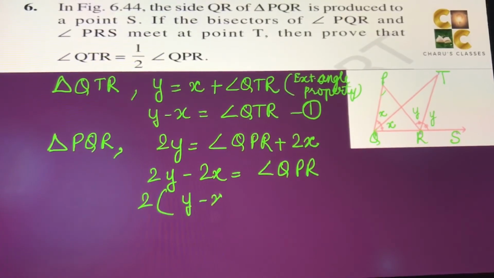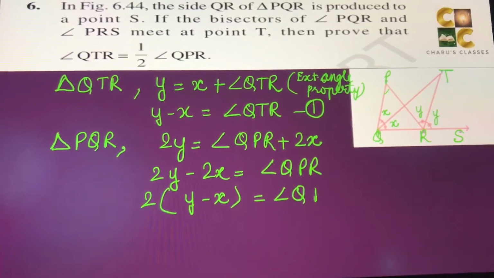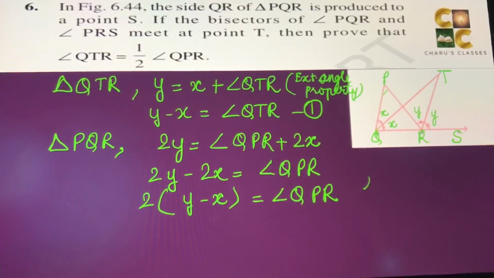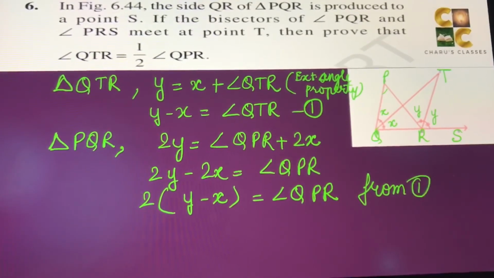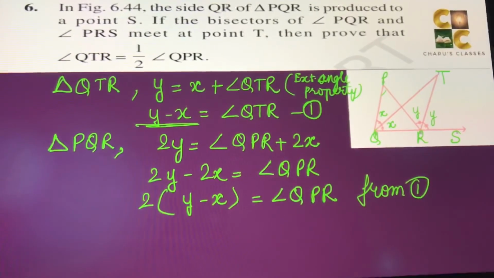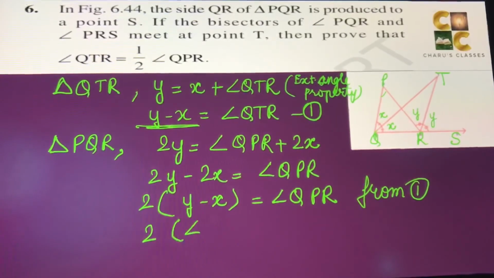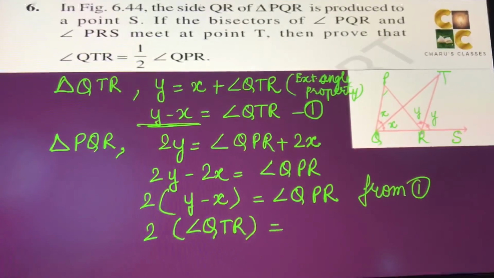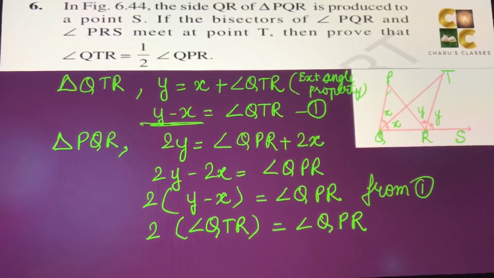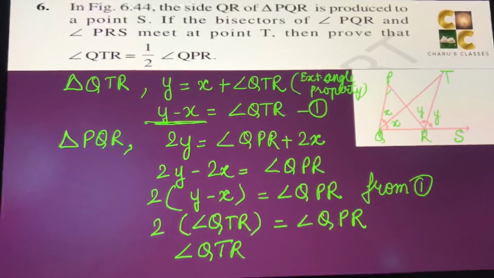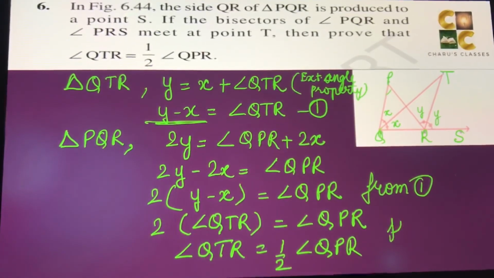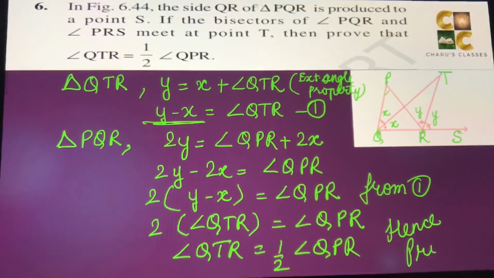I can take 2 common, so 2 into Y minus X is angle QPR. So from equation 1, my value of Y minus X can be written as angle QTR. So twice of angle QTR is equal to angle QPR, or I can shift 2 to the other side. I can write angle QTR is equal to half of angle QPR. Hence proved.